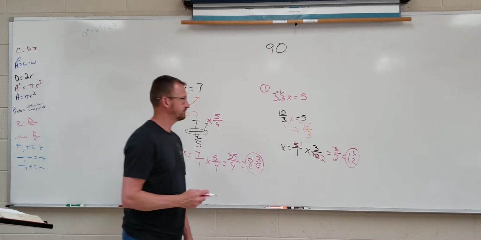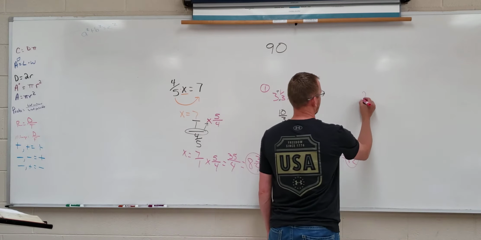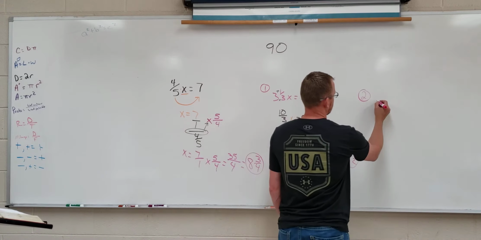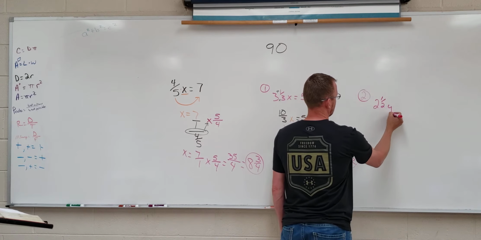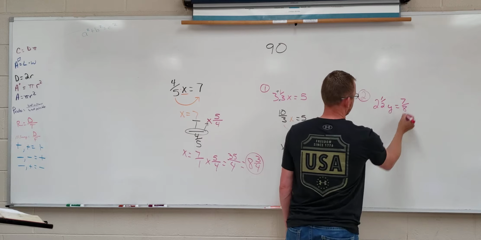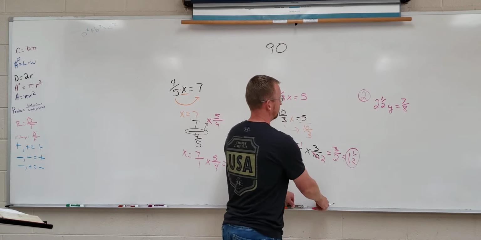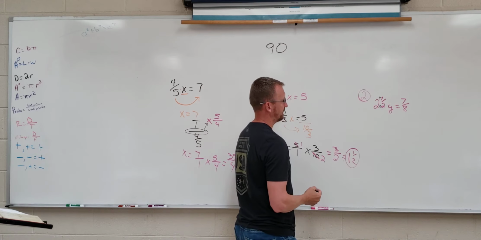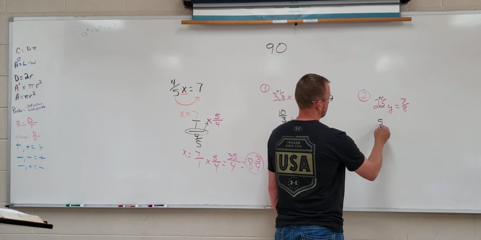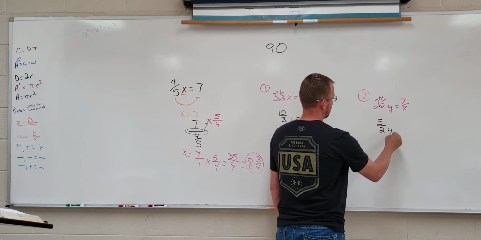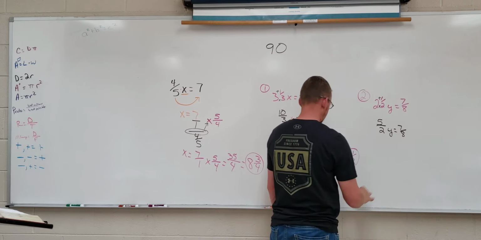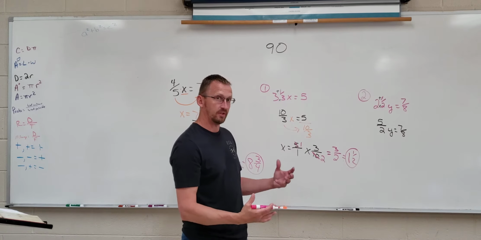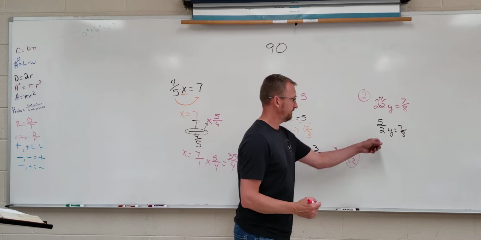Example 2. We have 2 1/2 y equals 7/8. Improper. 2 times 2 is 4, plus 1 is 5. 5/2 y equals 7/8. Okay? Now, hopefully you're starting to remember and get the hang of these.